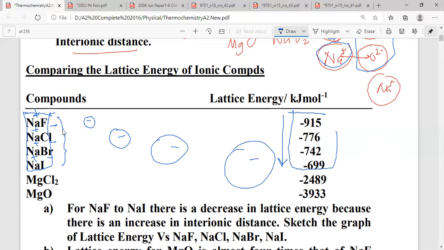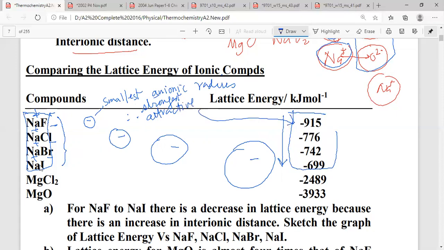So the pull of the Na plus towards this is stronger now. So smaller ionic radius, therefore stronger the attraction, stronger the ionic bond between them. Strongest attraction would cause you to have a large LE.